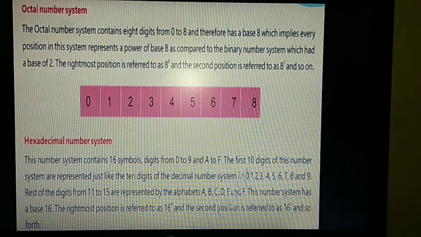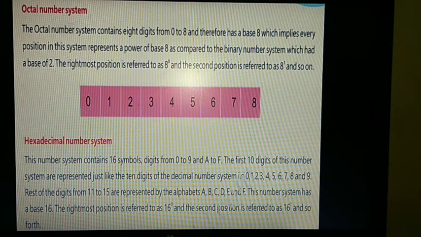So the octal number system contains 8 digits from 0 to 7 and therefore has base 8. Octal means 8 digits, base 8. Therefore it has base 8, which implies every position in this system represents a power of base 8, as compared to the binary number system which had base 2.